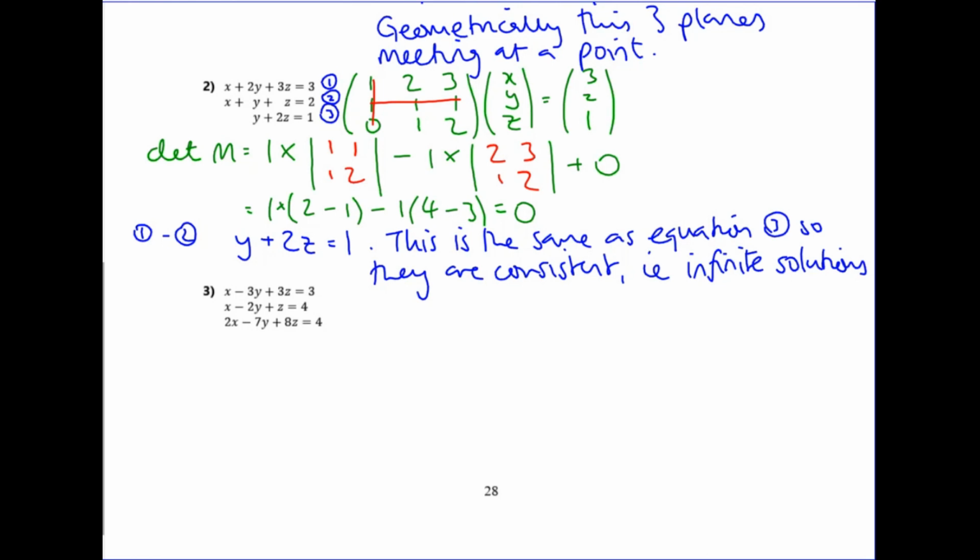Infinite solutions. And if you think about infinite solutions, it means your planes must all cross at some point. There's no parallel planes, so the only option is that they all meet along a single line. So 3 planes form a sheaf.